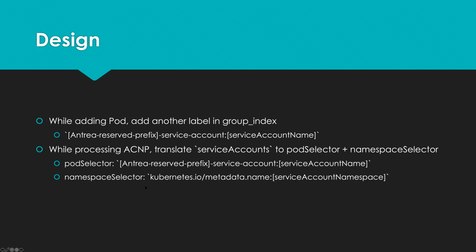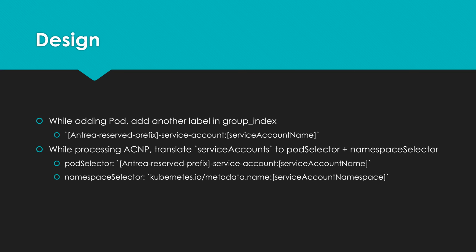Yeah, go ahead. I can understand how this works if the service account is about name and namespace, but how does this work if we use the selector? For the selector case, when we translate, we'll first use the label selector to get all service accounts out.